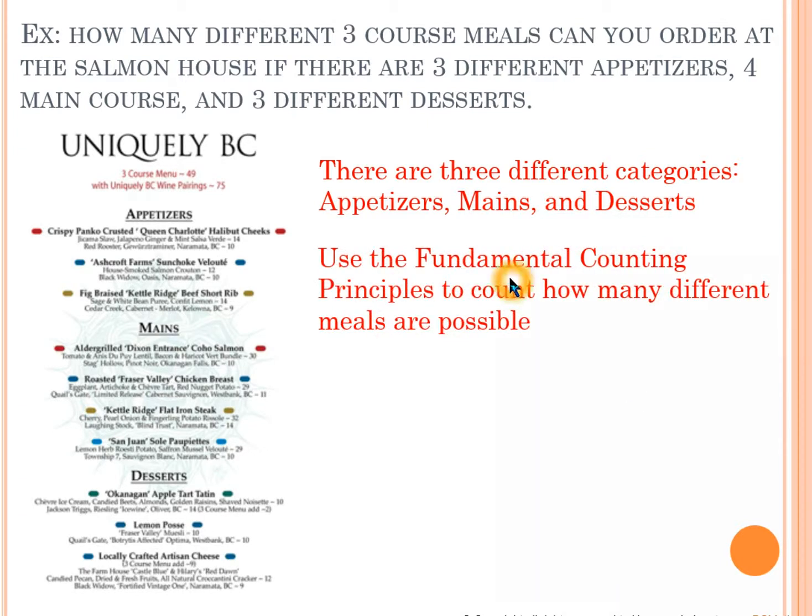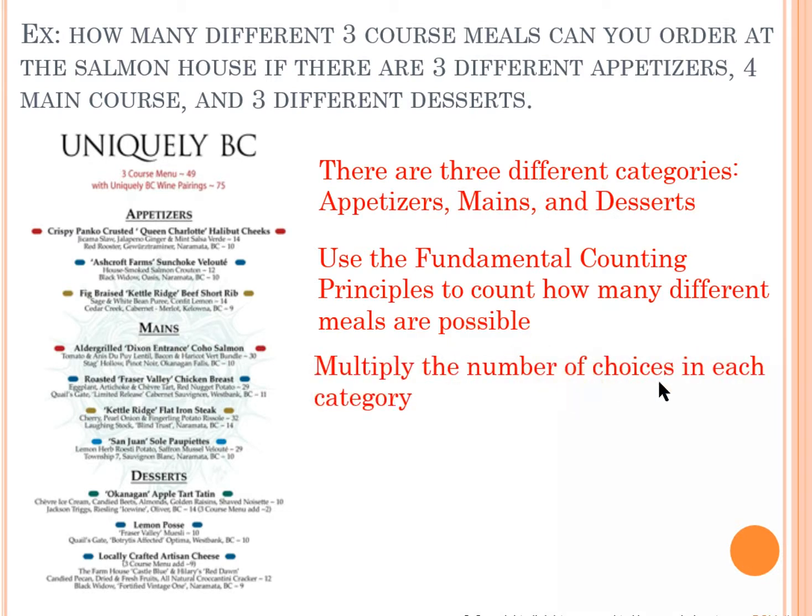So we're going to use the fundamental counting principle to count how many different meals are possible. Multiply the number of choices in each category. Once again, the categories are appetizers, mains, and desserts. For the appetizers, we have 3 different choices.